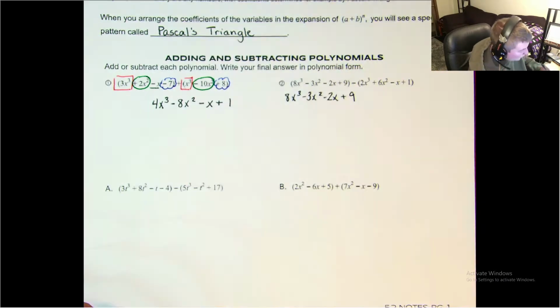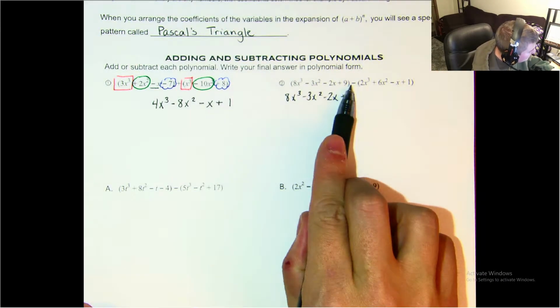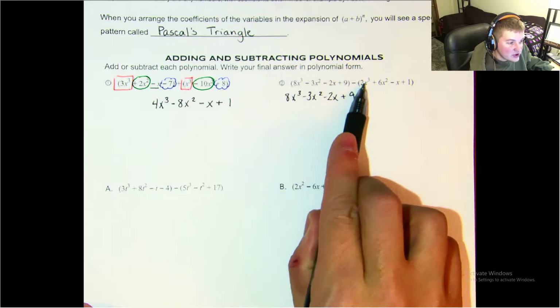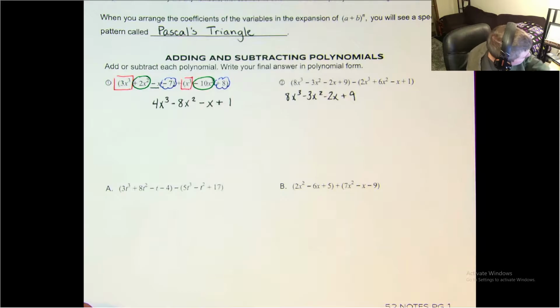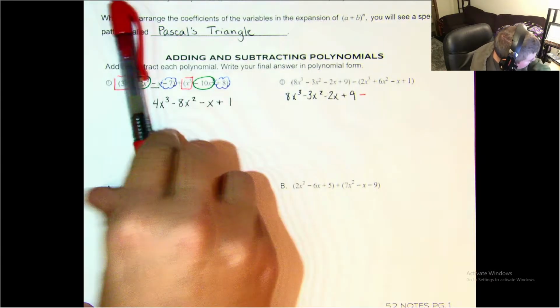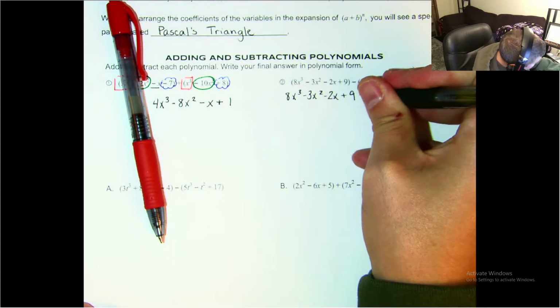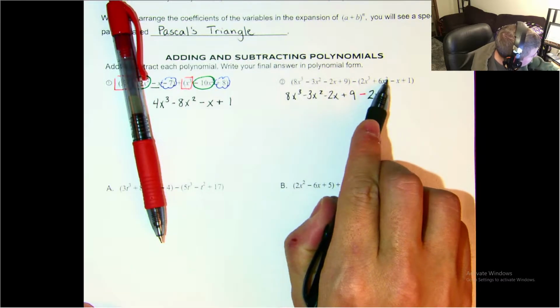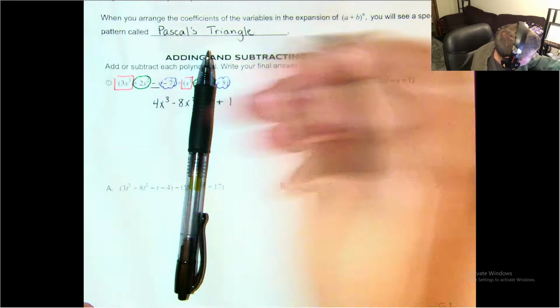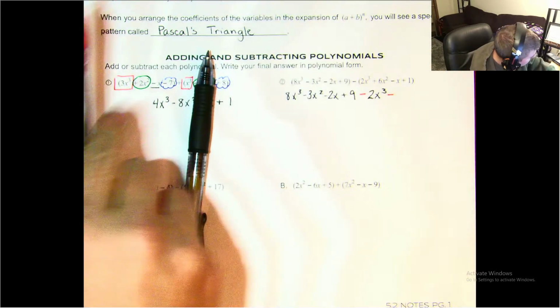Okay, but then when I need to subtract positive 2x cubed. So if you look inside the parentheses, I'm subtracting a positive 2x cubed. So that's going to end up being minus 2x cubed. Okay, and then if I'm subtracting a positive 6x squared, that's me subtracting 6x squared.